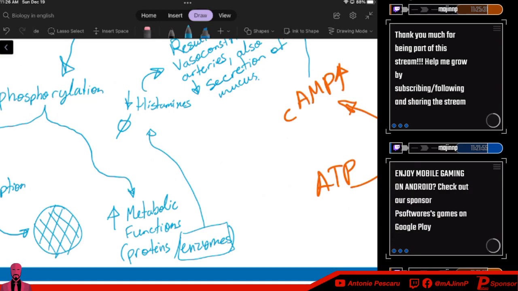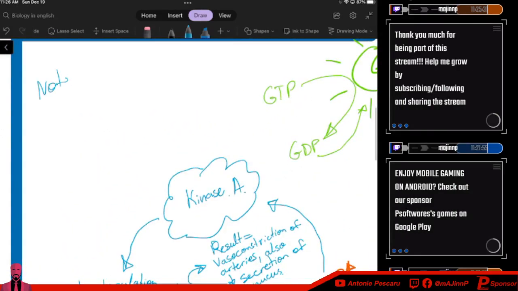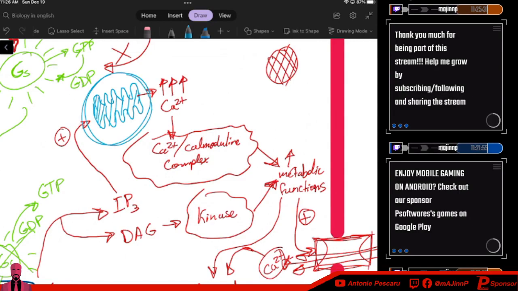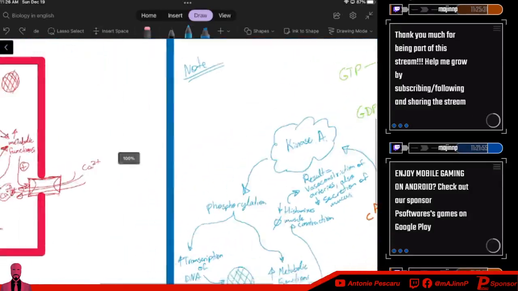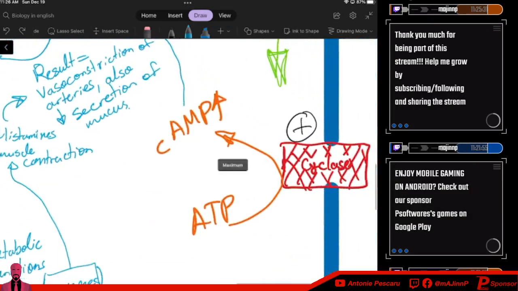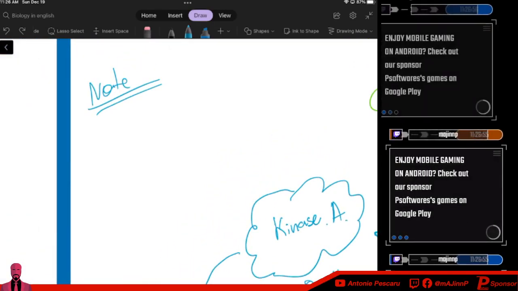a certain protein or enzyme that does muscle contraction, and that's what creates our bronchodilation in the lungs. And another point is that there's a note. Notice how here we had the secretion of calcium, and here our cyclic AMP went directly to secrete kinase A, and our kinase didn't even need to secrete calcium.